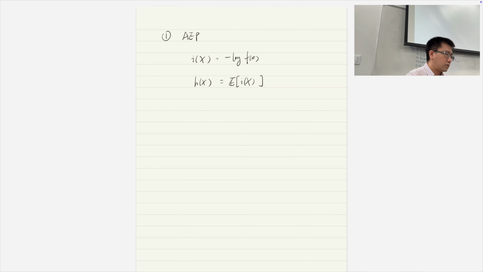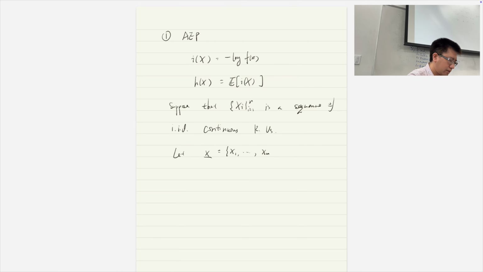Suppose that this is a sequence of IID continuous random variables, and we let a realization x equal to x1 up to xn.